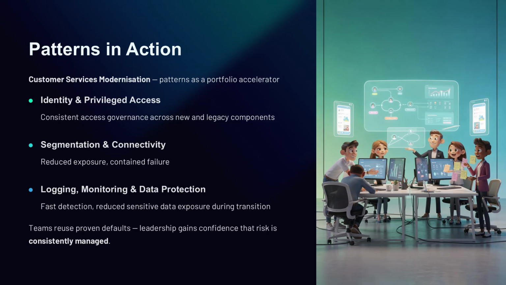They adopt logging and monitoring patterns so operational teams can detect and respond quickly across the new landscape. They apply data protection and secrets patterns to reduce sensitive data exposure during transition. The program moves faster because teams reuse proven defaults instead of debating fundamentals. And leadership gains confidence because risk is consistently managed.